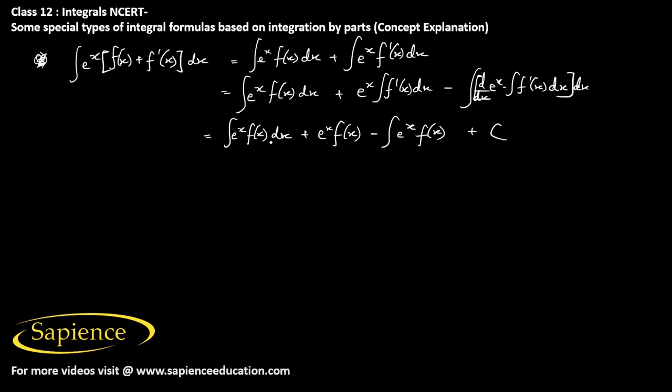So here these two are same, so these two I can cancel out. Therefore the final answer is e power x into f of x plus c. So simply, if we have e power x into f of x plus f dash x dx, if the integrand is in this form, then we can simply write it as e power x f x plus c.